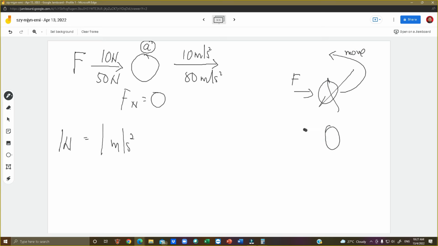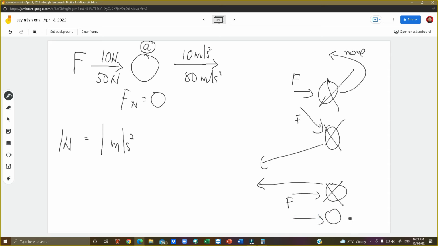Ataupun this is the ball, we give force, nak buat sepak serong kan, bola tak pergi serong bawah, dia pergi belakang. Bukan macam ni. Or even better, this is a ball, you kick the ball goes that way. It is not like this. It will always follow the line of force.